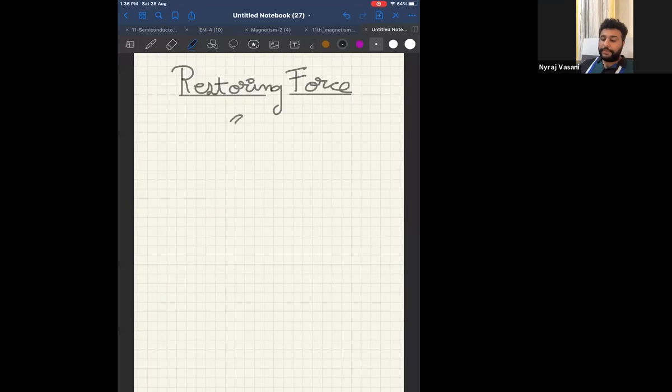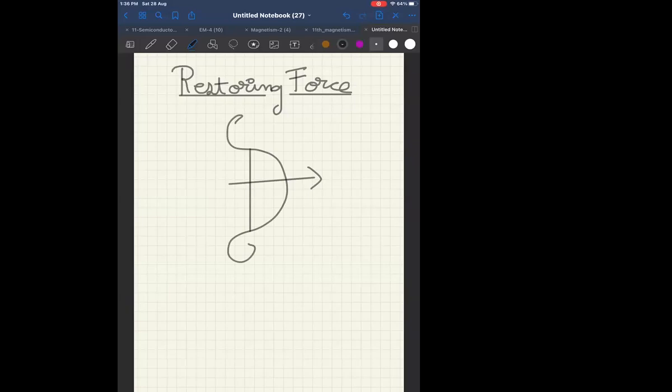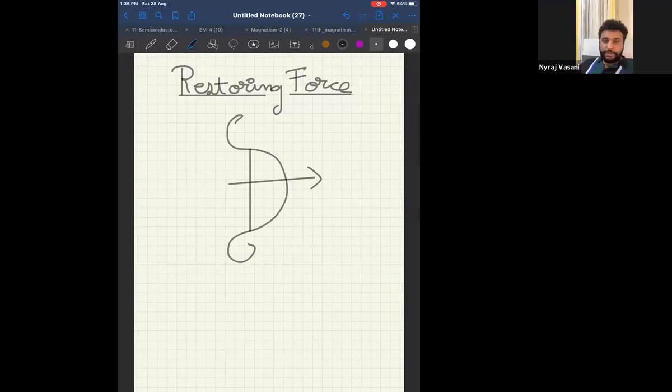Okay. Now, this is bow and arrow. Have you seen bow and arrow, everyone? At least in movies. Now, don't you agree that with more force I pull the bow backward, the more displacement the arrow will go?